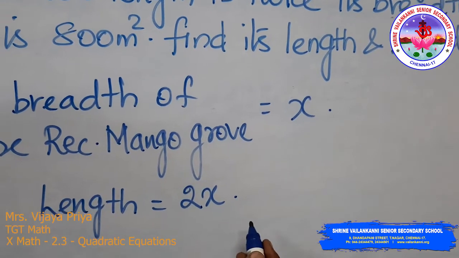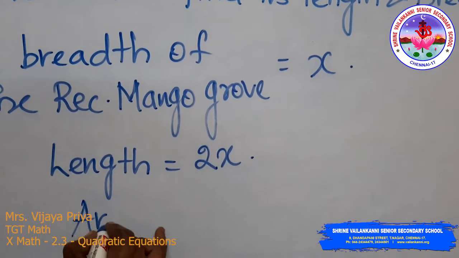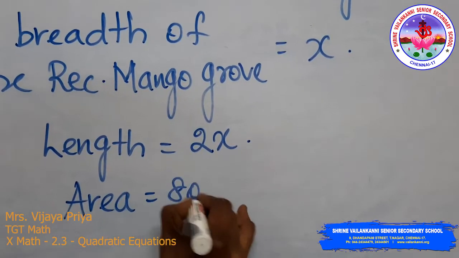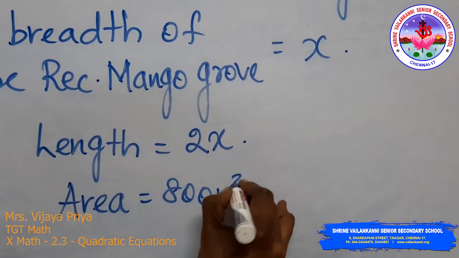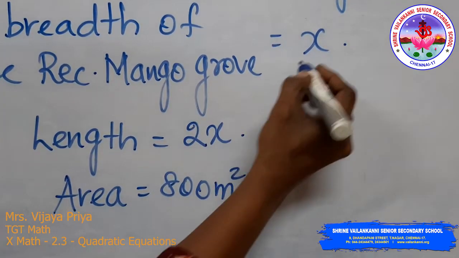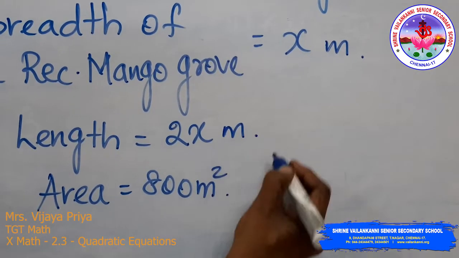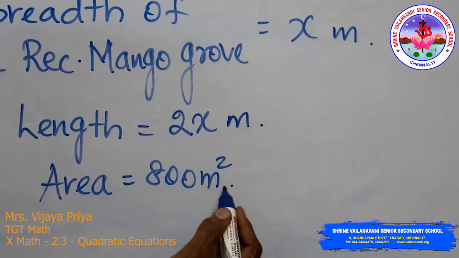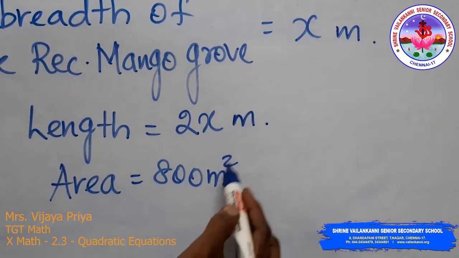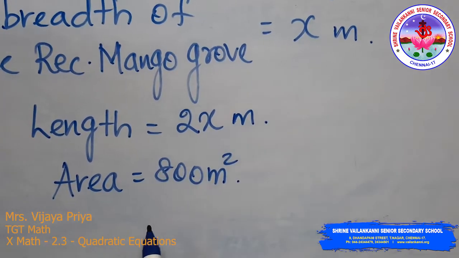So now coming to its area. Area has been given as 800 meter square. So your breadth is x meter, length is 2x meter, area is 800 meter square. With this we are going to make a possible condition.